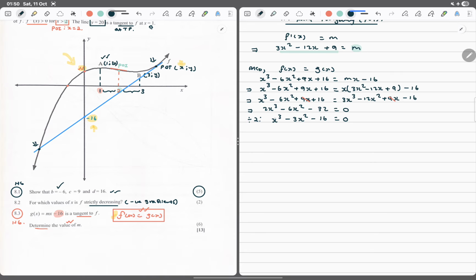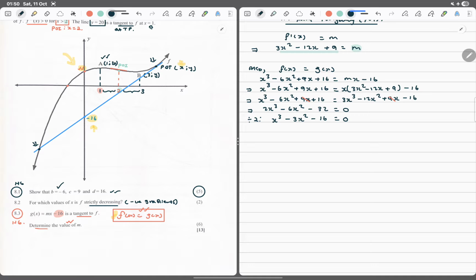1 is not going to work. Let's say 2. 2 cubed is 8. 4, that's 12. But now 8 minus 12 is not going to help. How about 3? 27. 9 by 3, that's 27. It goes away, it leaves us minus 16. It's never, come on. How about minus 2? This is going to be minus 8.